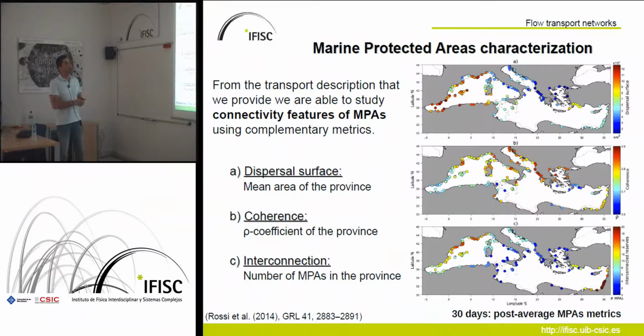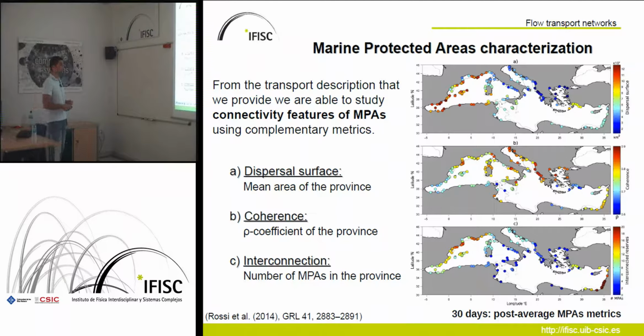So we try to define, you can see in these maps, each dot, each circle corresponds to an MPA in the Mediterranean. And we define three different metrics here to estimate the connectivity of a single MPA. Here, the first figure is plotting the dispersal surface. So this is basically the mean area, after lots of numerical experiments, of the province that is containing a particular MPA.